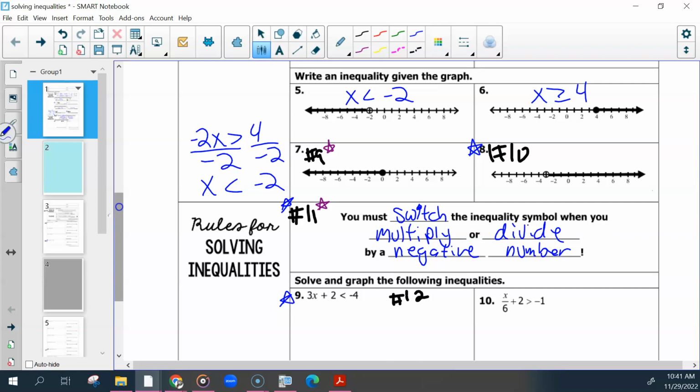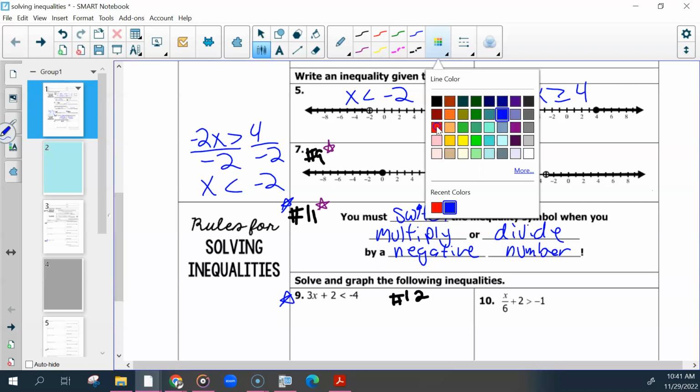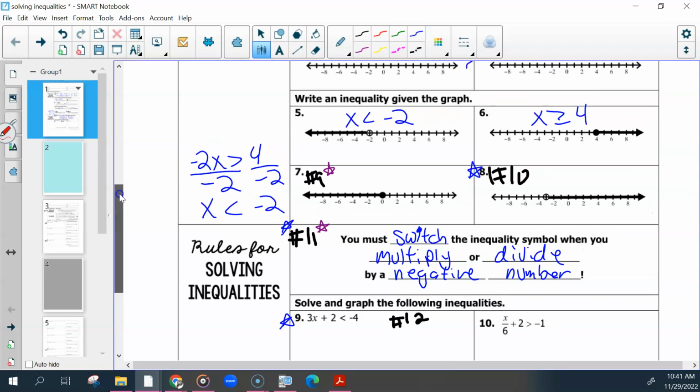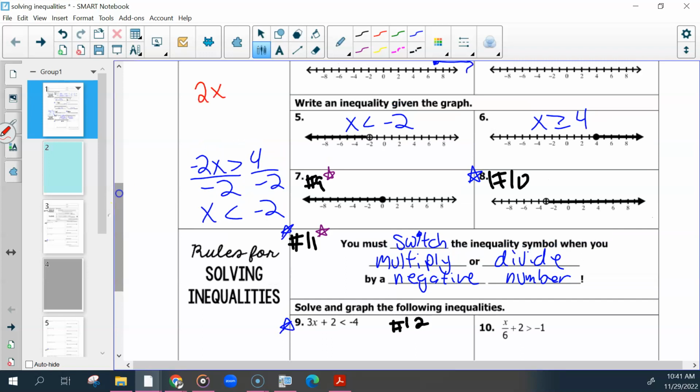If this were switched, and let's say this was 2x is greater than negative 4 instead, and when I divide, the number I'm dividing by is not negative, then the sign would not switch. It would stay the same.